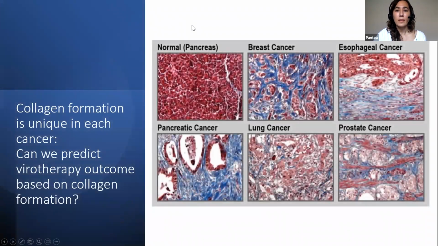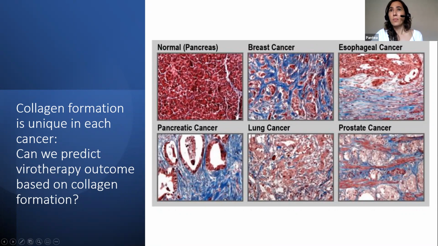So this is really my interest at this stage when it comes to modeling these types of problems. As you can see here, I've taken these images from a paper, and I really wanted to show you the kind of environments that can happen within a tumor. You can see here, this is a normal pancreas, and here's pancreatic cancer.